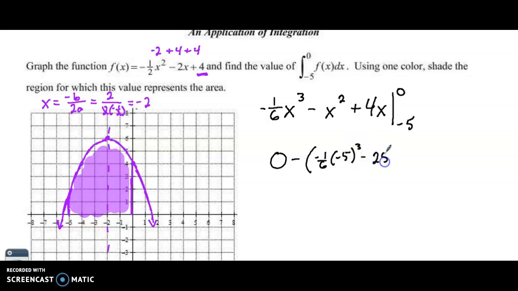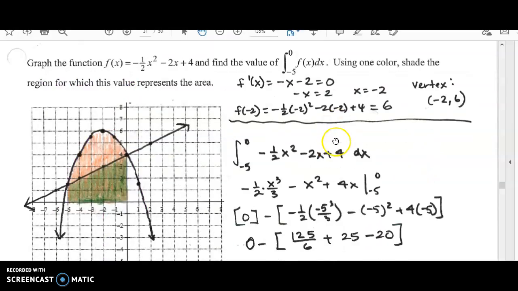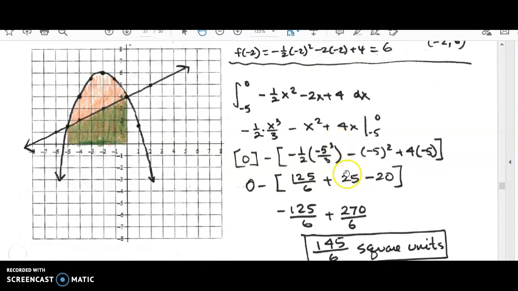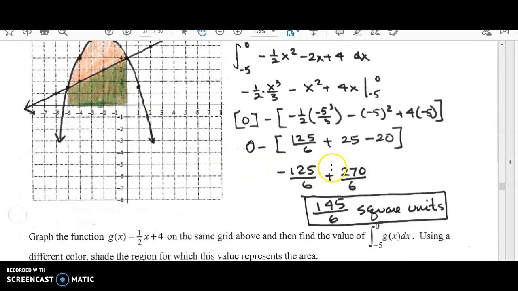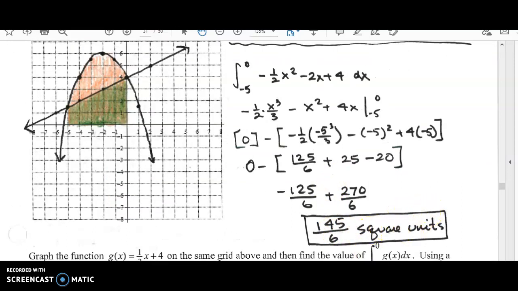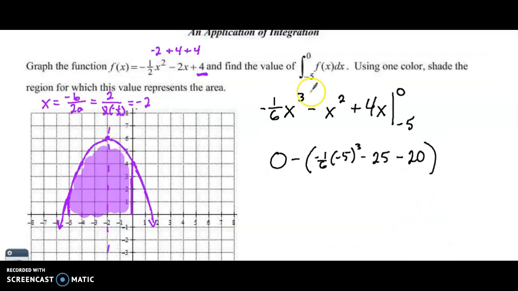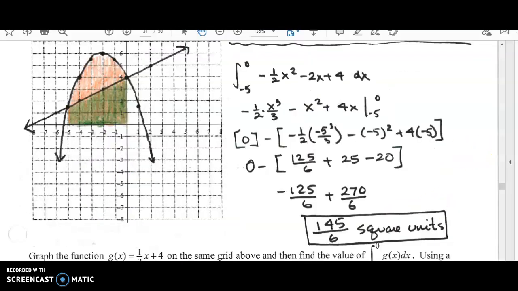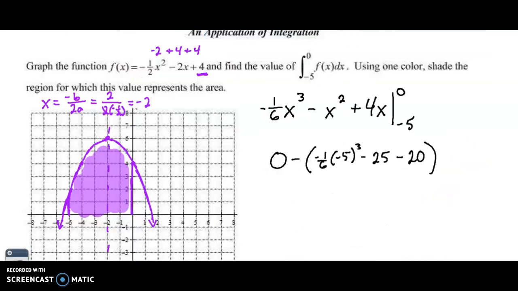Minus, well, that'd be 25. What's that? Minus 20. And maybe even go to a calculator, but I'm going to jump to the answer key, where he got an answer of 145/6 square units. I'm not going to worry about the units, though.